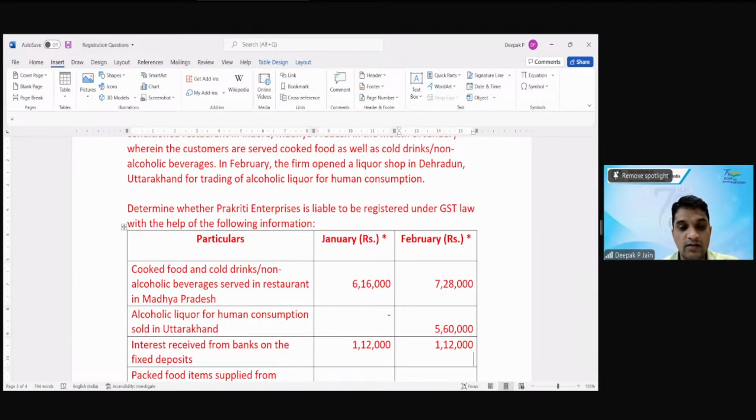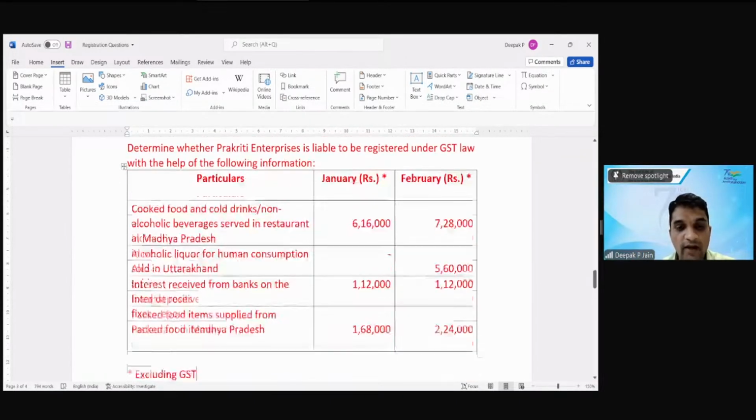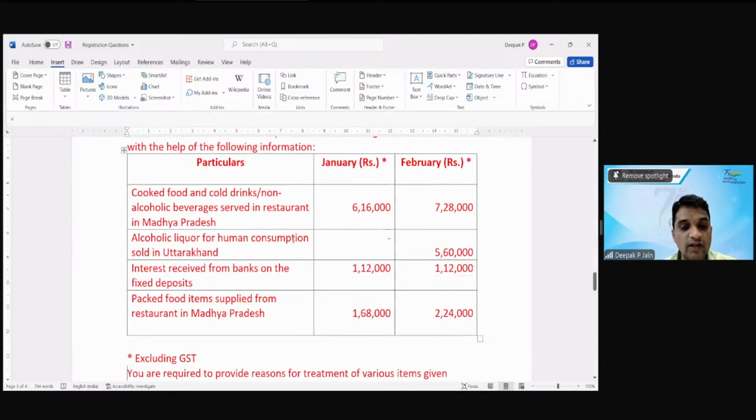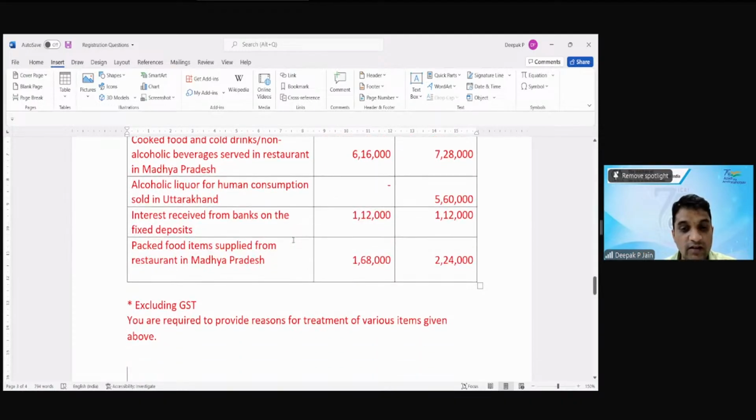And then interest received from banks on the fixed deposits for the month of January and February. And what is the sale of packaged food supplies for a restaurant in Madhya Pradesh? So these values are excluding GST.